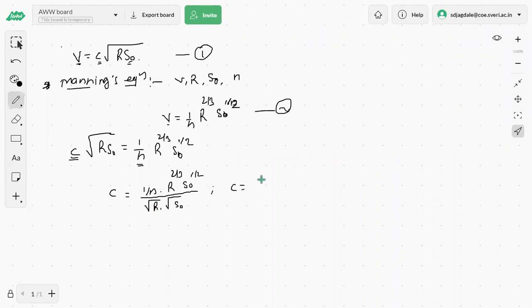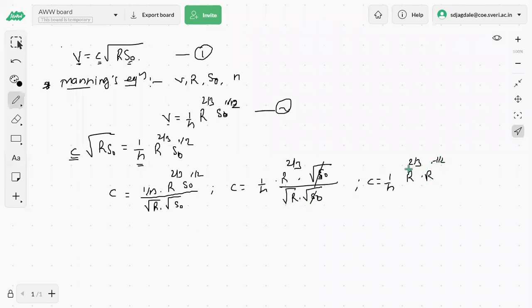C is equal to 1 by n into R raised to 2/3 divided by root R. Taking the R to the numerator, it is R raised to 2/3 into R raised to minus 1 by 2.